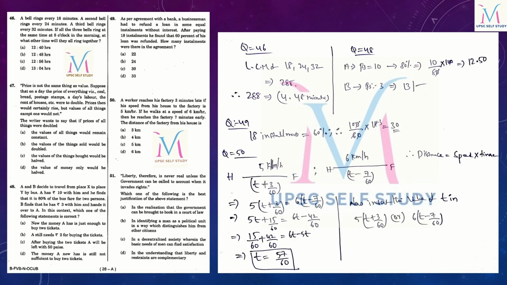Somewhat the first statement is about the government and the judicial review, and the rest of the statements are only for justification. So option A is closely related to the statement which is given for liberty. So for question number 51, the answer is A.